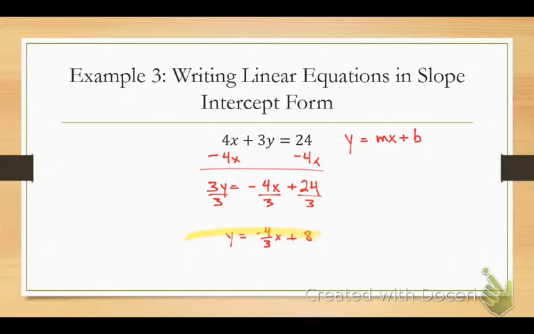Where's the first point going to go on this equation? Up to an 8. Remember, the last number in the equation is my y-intercept. So I go up to an 8. Now, where do I go from there? Down 4. Right 3. Plot my point, draw my line, and I'm done.